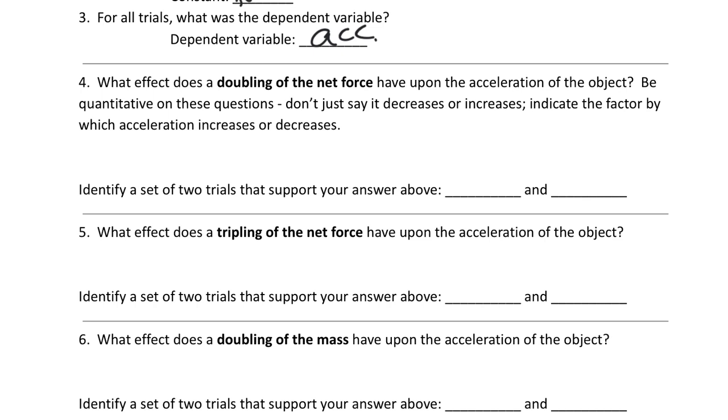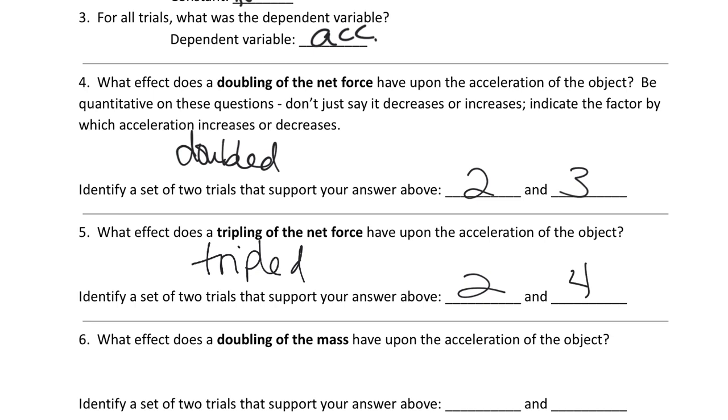So then we're looking at doubling the net force. Which trials doubled the acceleration? You said you used 2 and 3. Okay. How about tripling? 2 and 4. Was that right? There you go, and it tripled. Remember, when we say doubled and tripled, we're talking about multiplying.